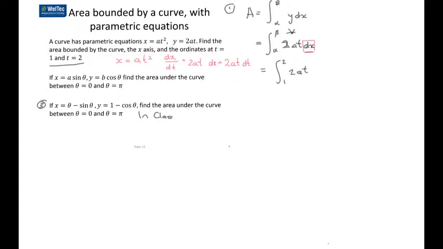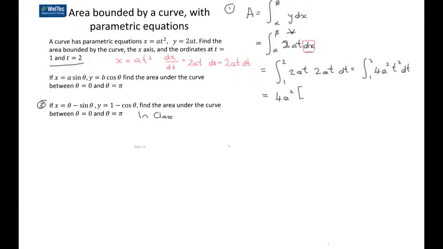Now dx is also 2at dt. So what we're looking at is finding the integral between 1 and 2 of 4a squared t squared dt. So 4 and a squared are constants, so we can put them outside.